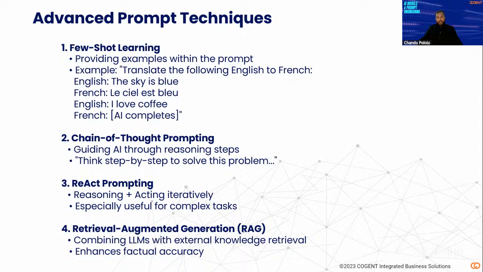It is useful for complicated tasks. There is one word called error management: you do it, see what happens next, think again and do again. So it works as ReAct prompting, reasoning and acting.